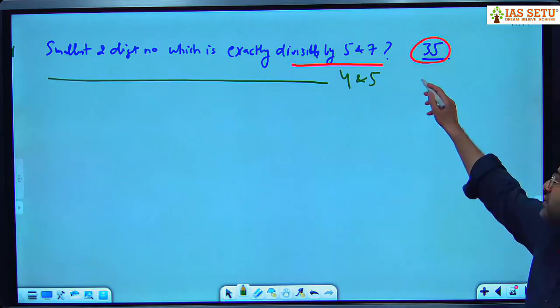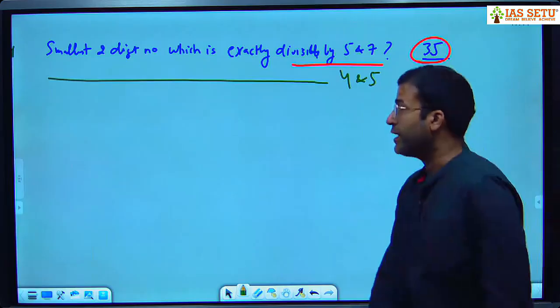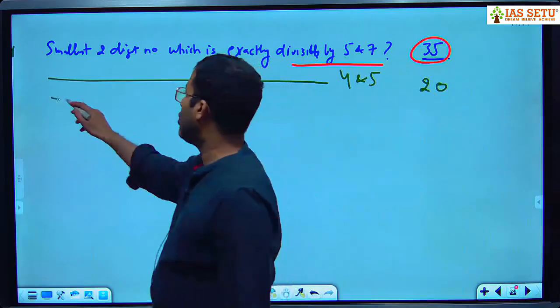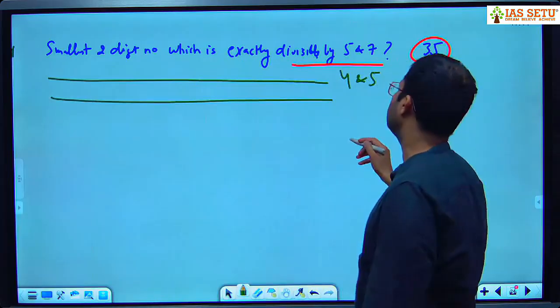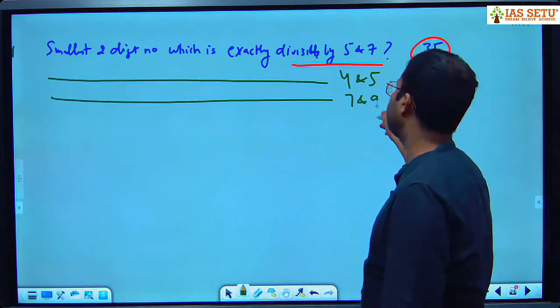Yes, your answer is 20. Next question, tell me the smallest two-digit number which is exactly divisible by 7 and 9.